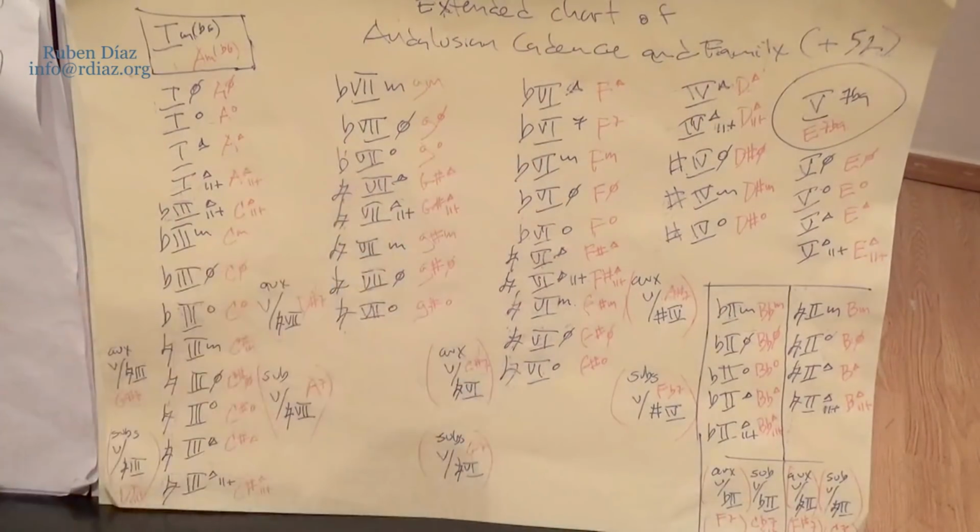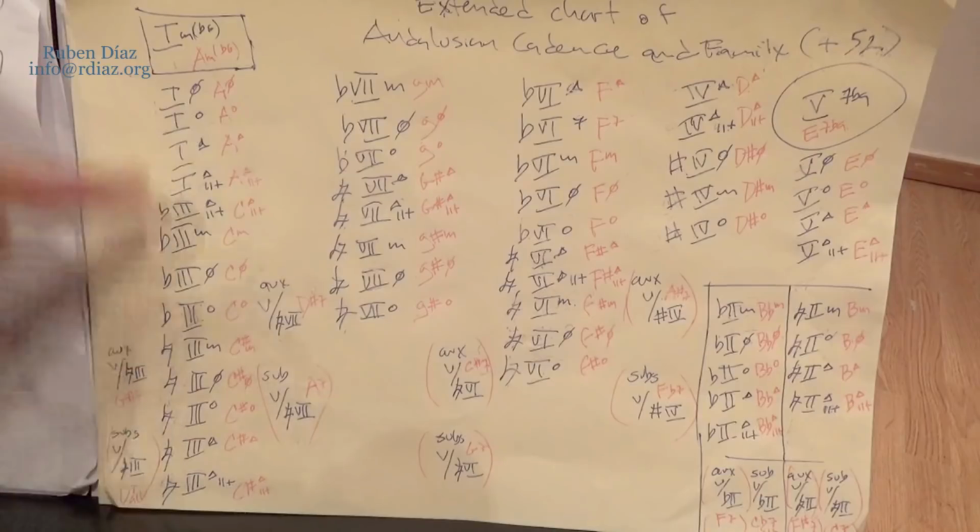We are jumping too much, but I have to include some of this to show you how it works. It's easier for me to explain so that it makes sense and you understand how in composition you can use all these things. So we have flat third minor, C minor 7 flat 5.